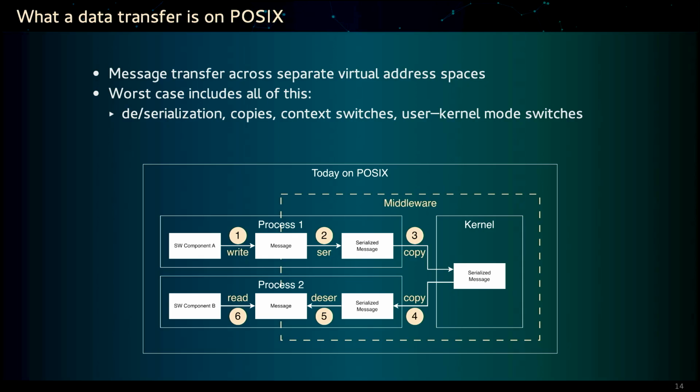Then it takes an OS IPC mechanism to transfer the message from one process to the other one, which means you copy it in and out of the kernel. Then you wake up a thread that deserializes the message to then maybe wake up the next thread to execute a callback where you process the message. So all this comes with a lot of serialization and copies and context switches and user-kernel mode switches.